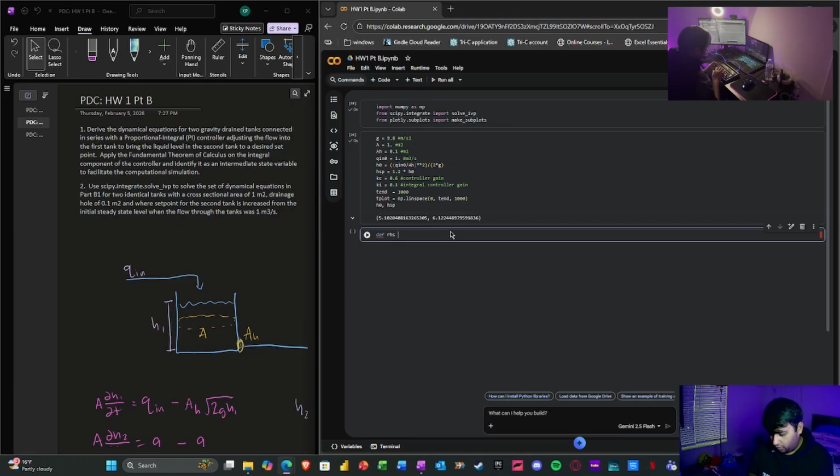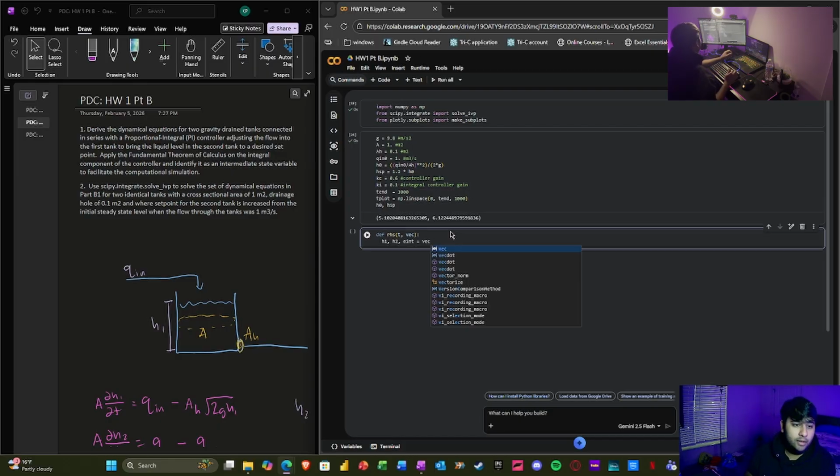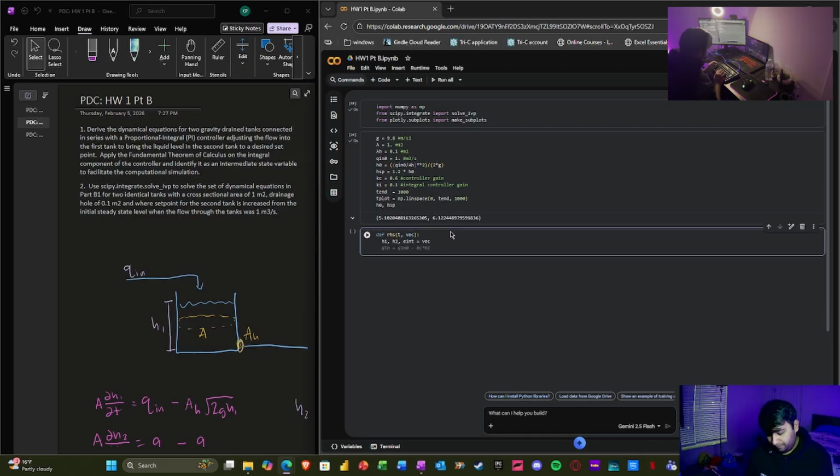We're going to define our right-hand side, and it's just going to be our time and then vector, and our vector is just our heights and our e integral or error integral value, and this is just going to allow us to see the changing heights and error value. So that's what the vector does basically.